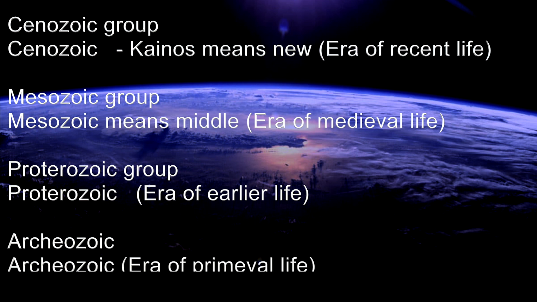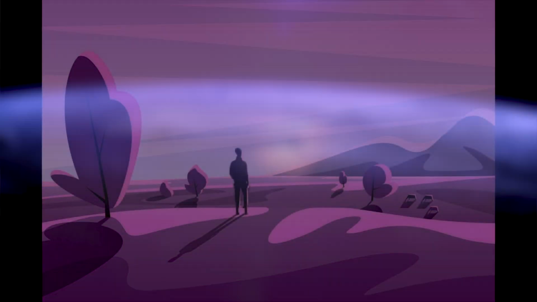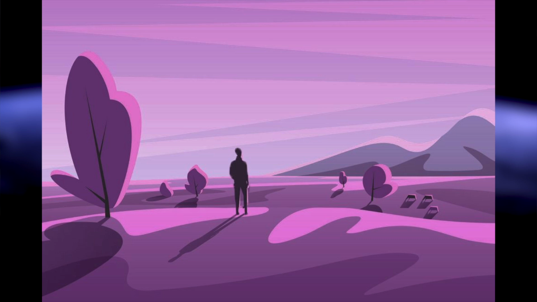And Archaeozoic means era of primeval life. Each era is divided into several periods. The names of the periods have been assigned on various grounds, which included names of places, names of tribes, and the dominance of certain elements or minerals.